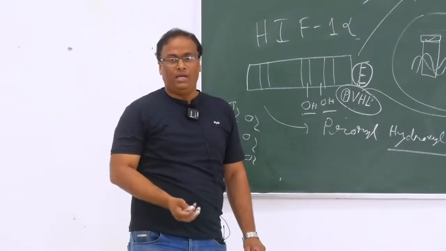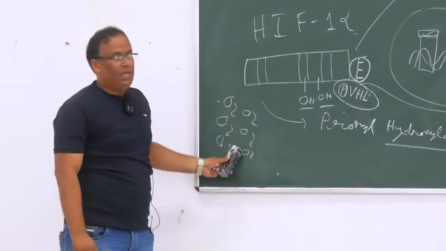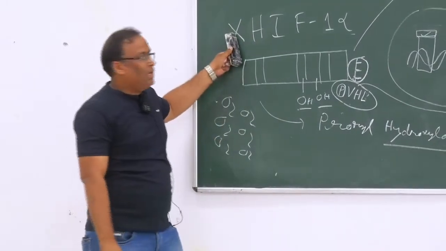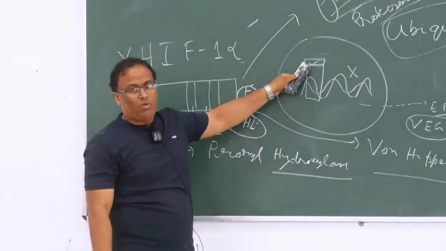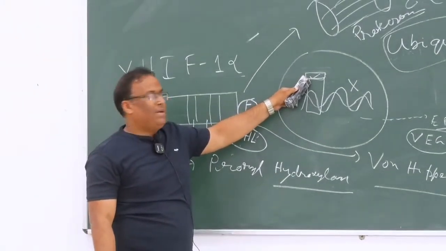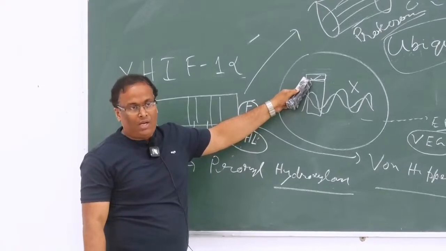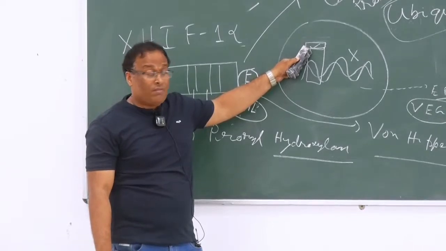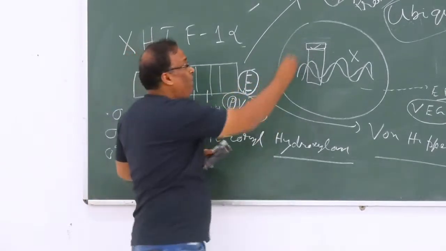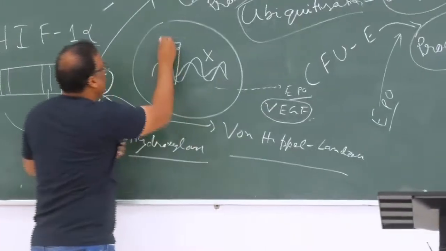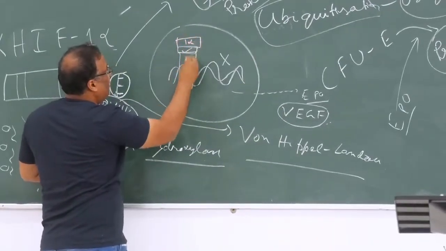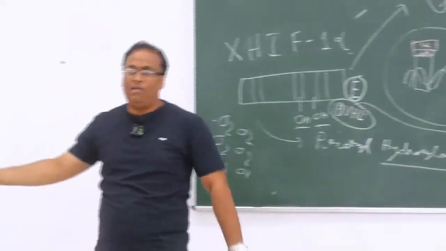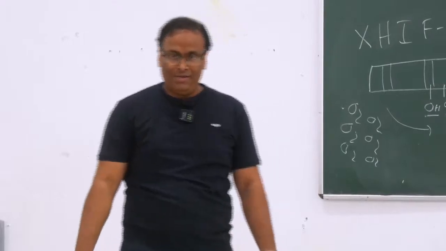The take home message is that when my oxygen level is high, then 1 alpha will not be present. If this is not present, there is no question of binding to the promoter region of 1 alpha. Then it cannot do anything with 1 beta. 1 beta is not oxygen sensitive, 1 alpha is oxygen sensitive. Only if 1 alpha is attached with this, then it can proceed for transcription, translation, mRNA and protein synthesis of erythropoietin.